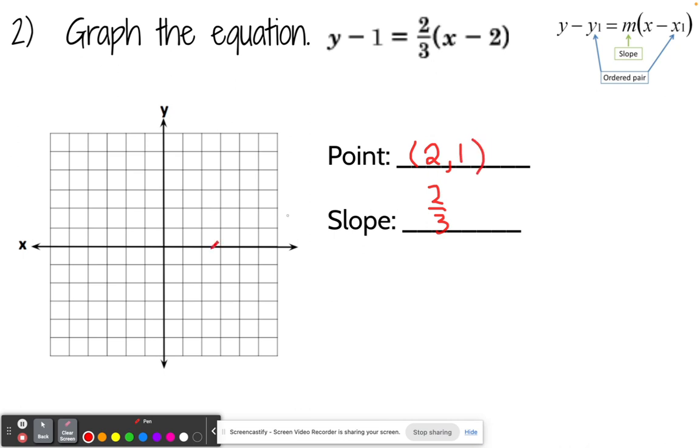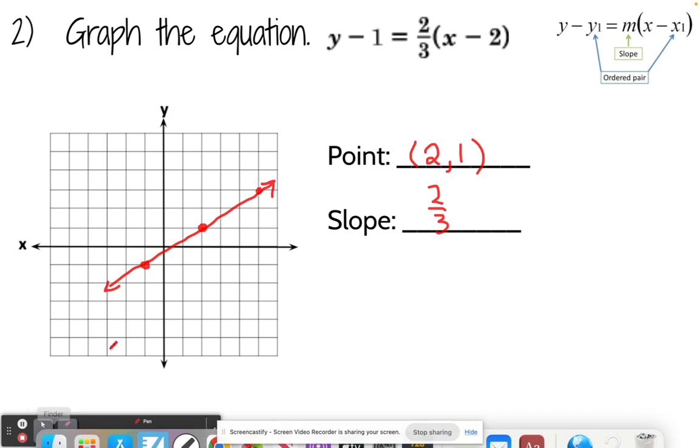So my point is 2, 1, and I have a positive slope. It is 2/3, so I can go up 2 and over 3. I could also go down 2 and left 3, making both negative, left and down. Connect my dots, and there's my line.